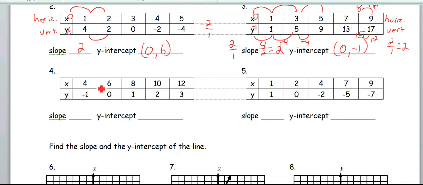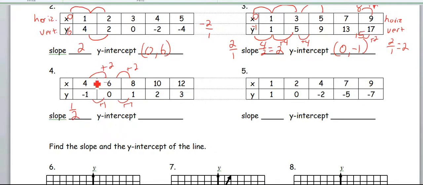Alright, number 4. We're going plus 2, plus 1. Plus 2, plus 1. So now, remember, the vertical goes over the horizontal. So that's 1 over 2.